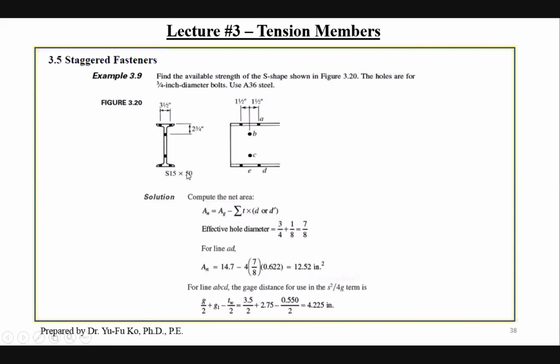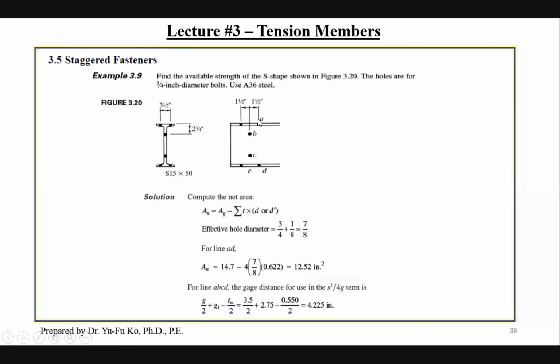This is a cross-sectional view and this is a side view. This is bolt B and this is bolt C. And this is the bolt on the flange.